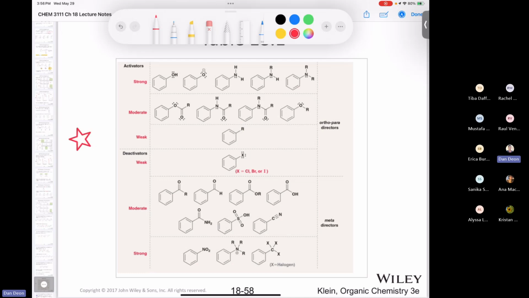There is rationale to table 18.1, but it separates the activating groups from the deactivating groups. Activating groups tend to donate to the ortho and para positions, and what we're going to see on Friday is that deactivators activate to the meta position. All right, so we'll still have a lot of content to cover on Friday.